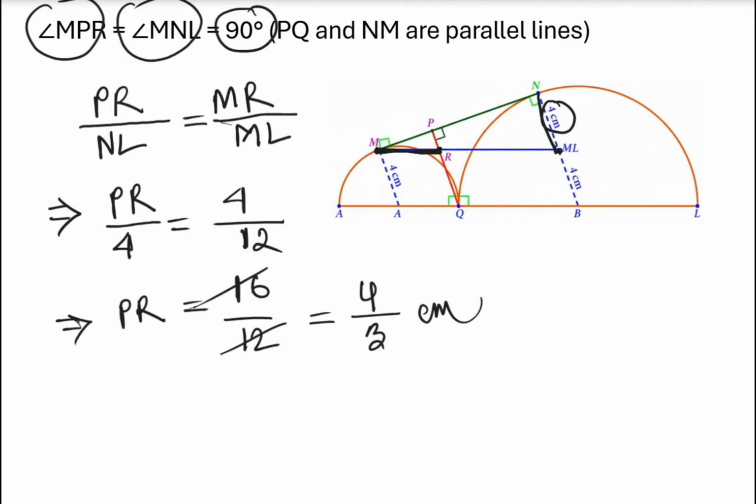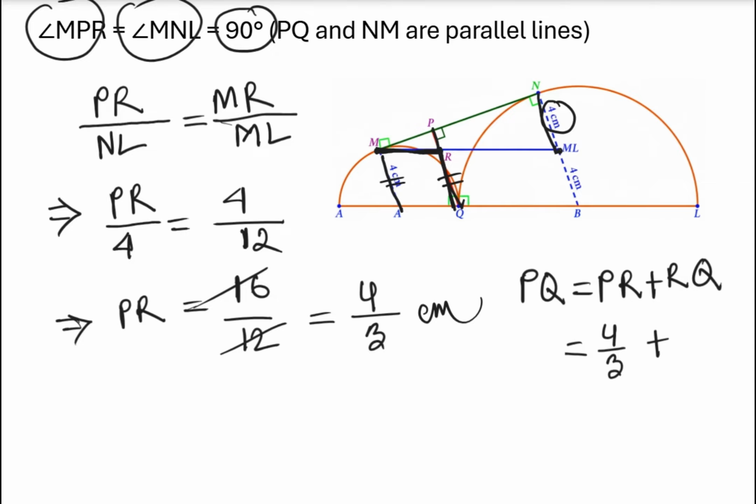Now we have to determine the value of PQ. PQ is equal to PR plus RQ. The value of PR is 4 over 3 and RQ is 4 centimeters, because AM and PQ are parallel and equal. So the final answer will be 16 over 3 centimeters.